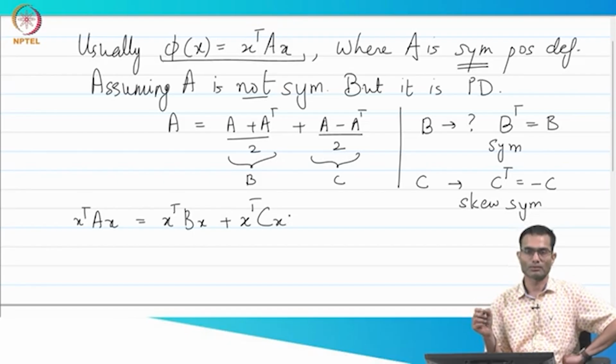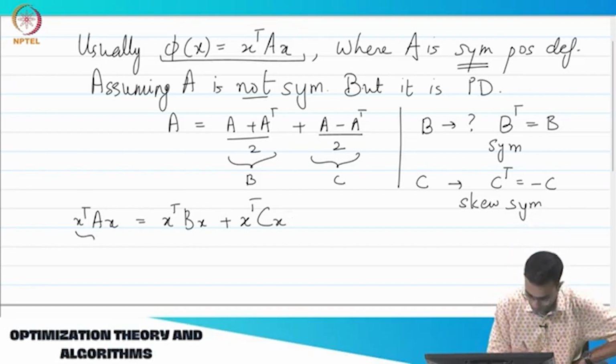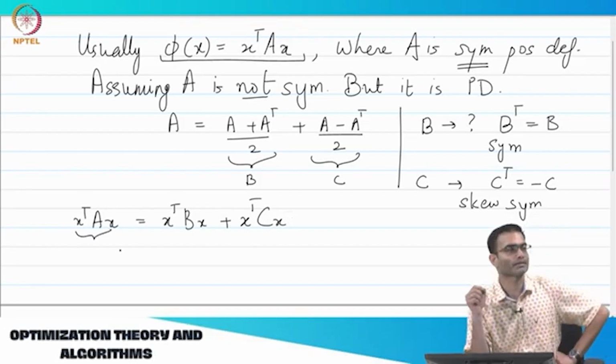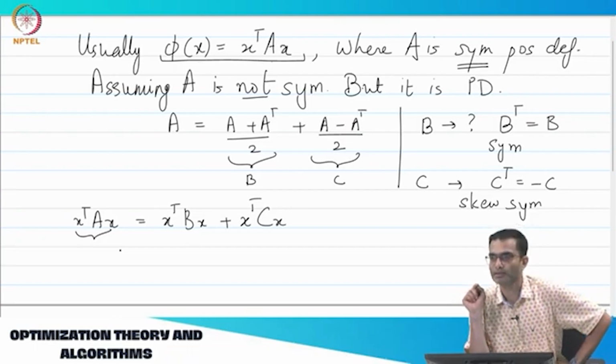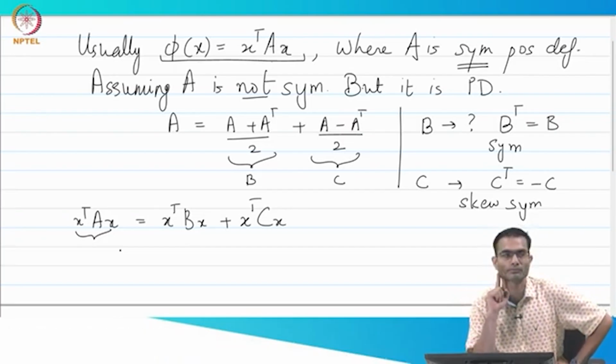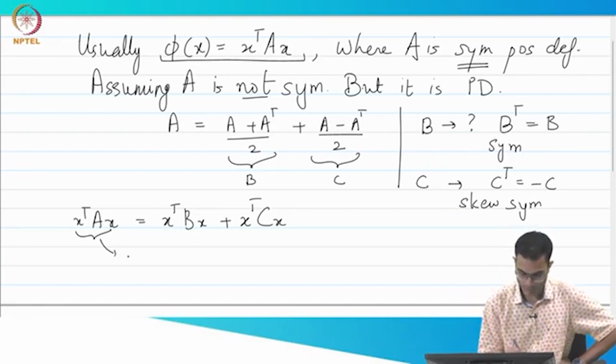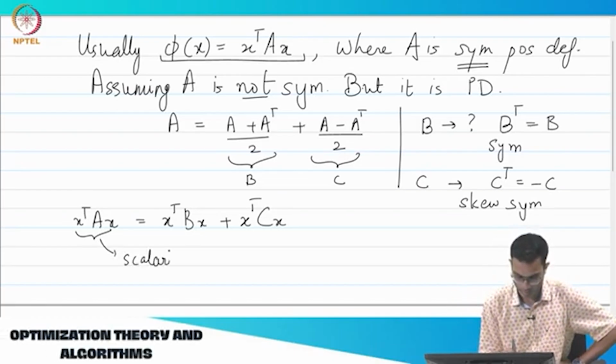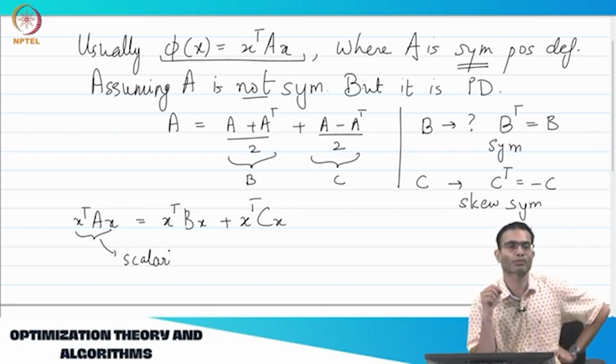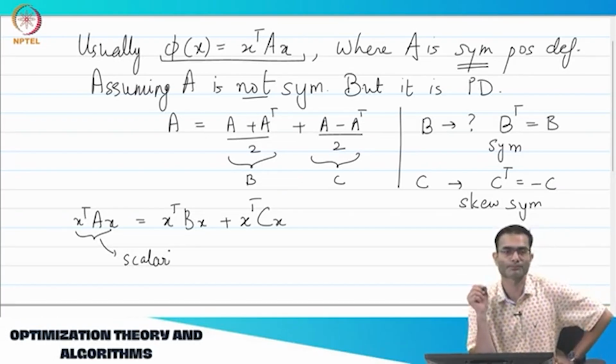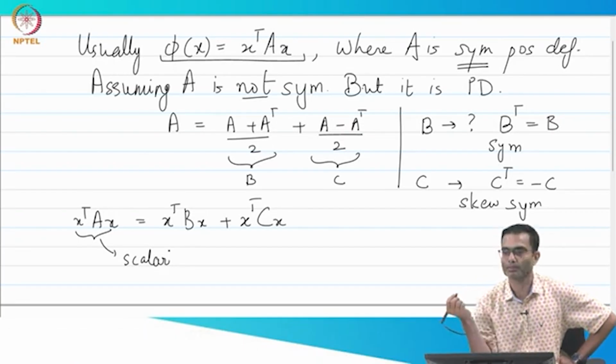Fine. Now, x transpose Ax, is it a scalar, vector, or matrix? It's a scalar, right? For a scalar, if I put the transpose operation, what will happen? I'll get the same number back, right?